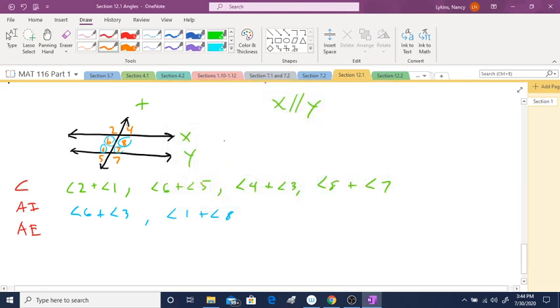So what about 2? Across from 2 on the outside would be 7. And finally, 4 and 5.